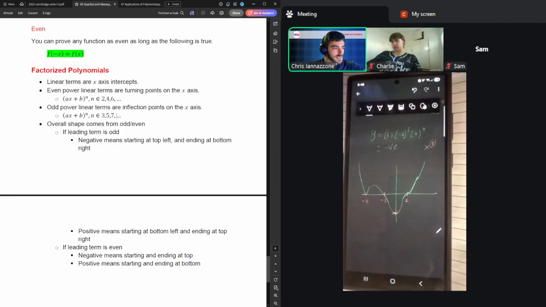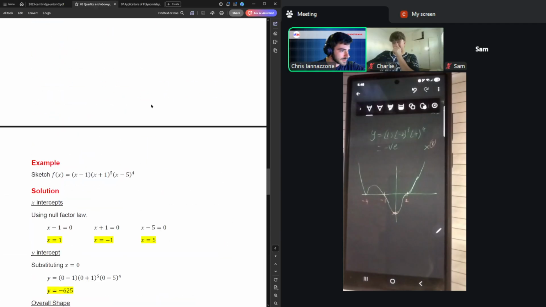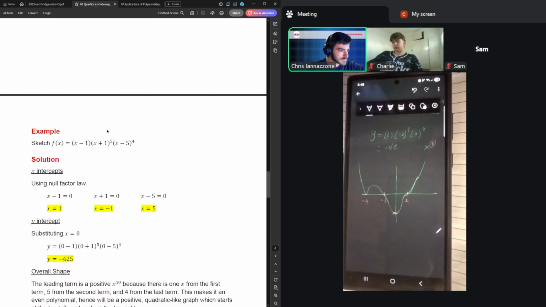And what about the cut? The cut is just basic linear. So any basic linear term is the x intercept, the cut. If there's no power on it, or power of 1 implied, that's always going to be a cut. Any other questions?